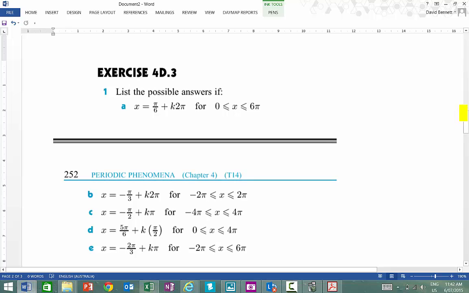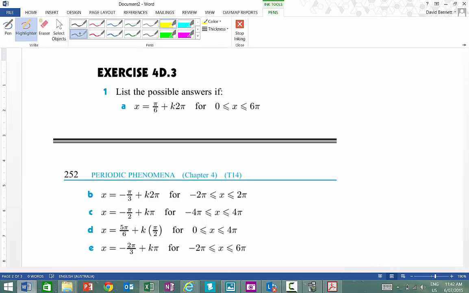So for here, what we've got to do is simply look at the value of pi on 6, and we're going to add that. So we can have values of k equal to 0, 1, 2. Now, I think the easiest way to do this is to consider the following.